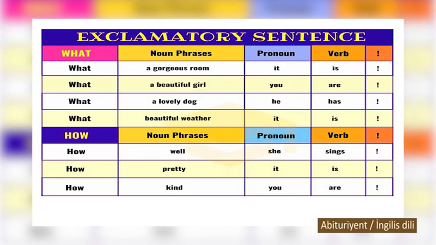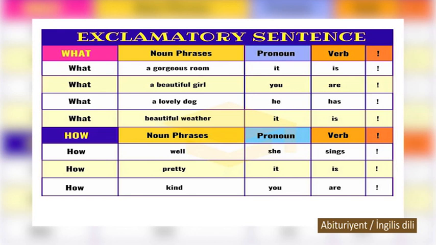After what, we use the indefinite article. Remember, the indefinite article, and a noun is a must, it is important here. We have to use a noun here. It is the same with such. For example, what a gorgeous room it is.